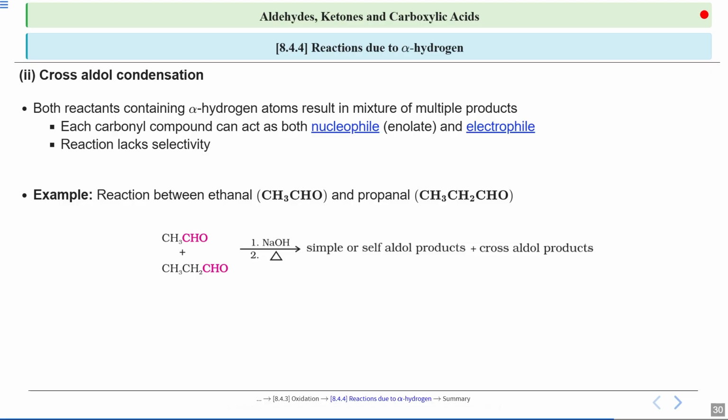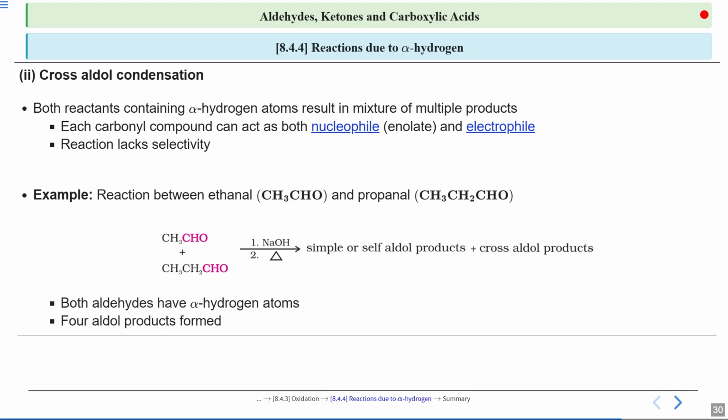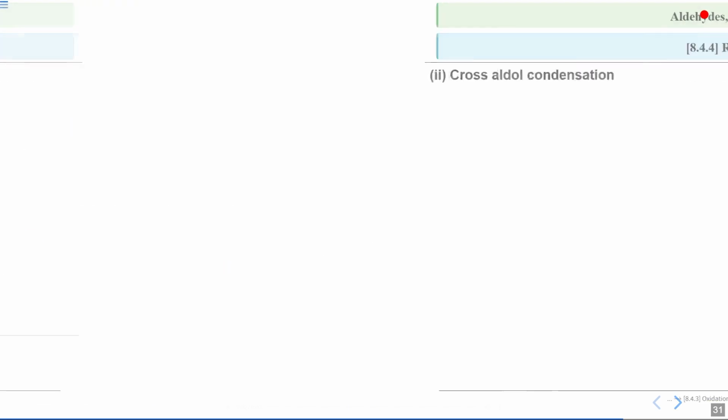First, it can give self aldol products, and it can also give cross aldol products. So both aldehydes have alpha hydrogens, and this will result in 4 aldol products. This illustrates the complexity and lack of selectivity in cross aldol condensation.